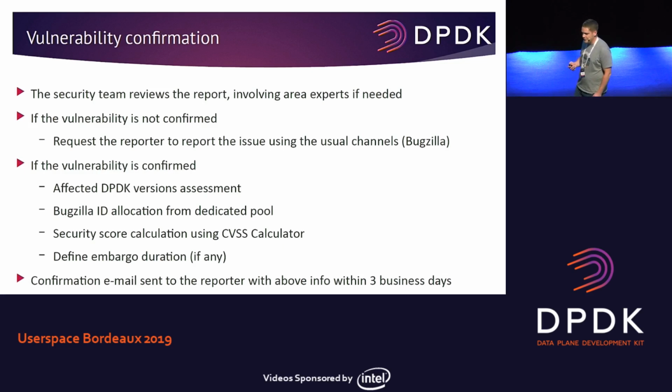However, if it is confirmed, the security team will check which versions of DPDK are affected, and reserve a Bugzilla ID that will be used later for the security advisory. It will also calculate the security score using the CVSS calculator, and negotiate the embargo with the reporter. All this should be done in less than 3 business days, and the confirmation email will be sent to the reporter.